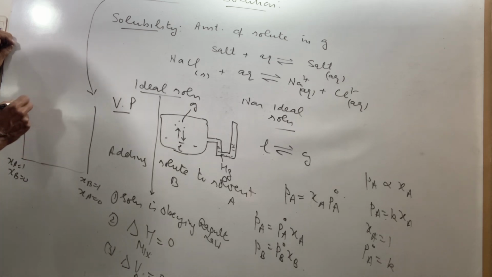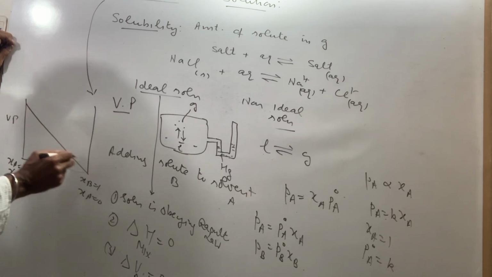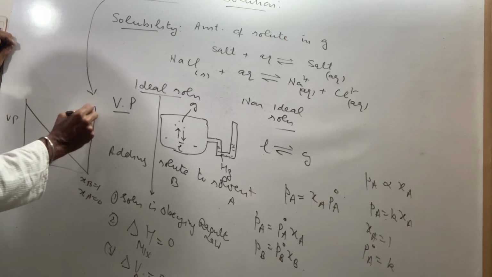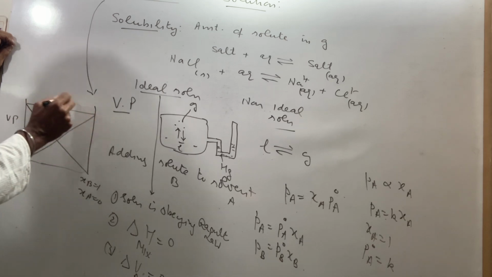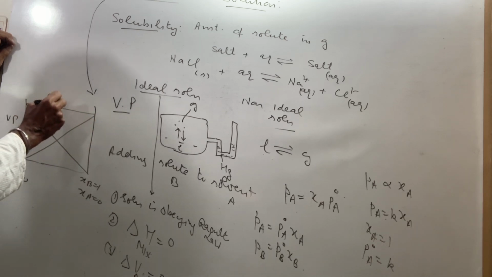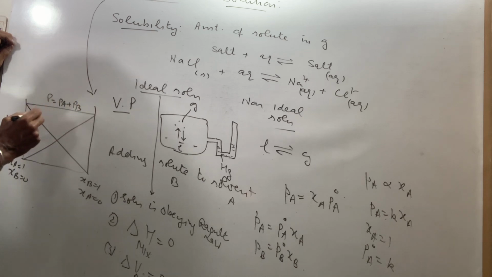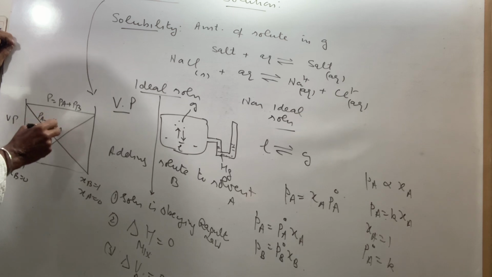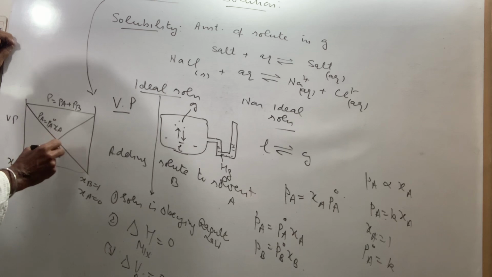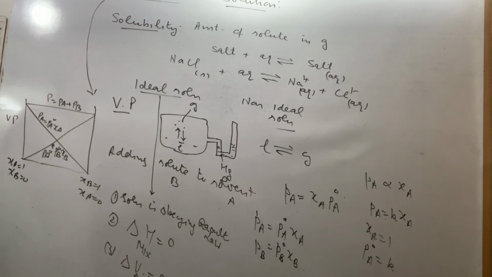Here is the vapor pressure, and this is the total pressure, PA plus PB. Here PA is equal to PA naught into XA. Here PB is equal to PB naught into XB. So this is the ideal solution.